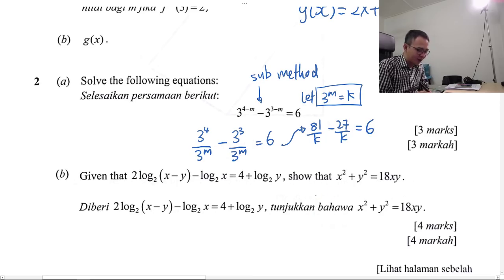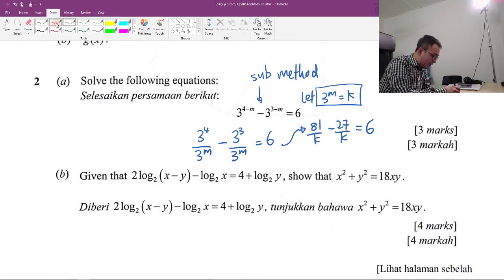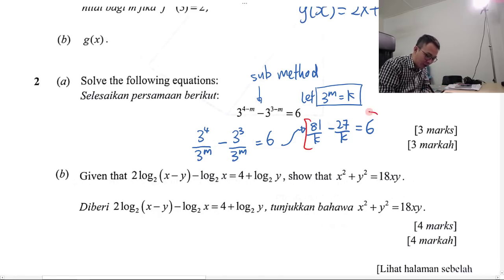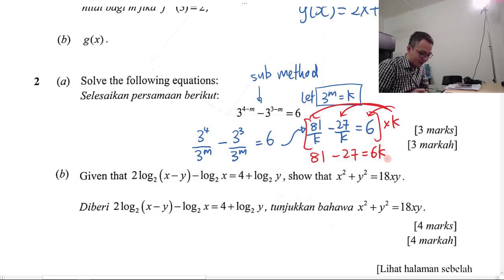In order to solve this equation, I will multiply k for the whole equation. Imagine k multiplying the first, second and third terms. K multiplied by the first term, you get 81 minus 27 equals 6k. Then I solve: 81 minus 27 gives 54. Therefore 54 equals 6k.